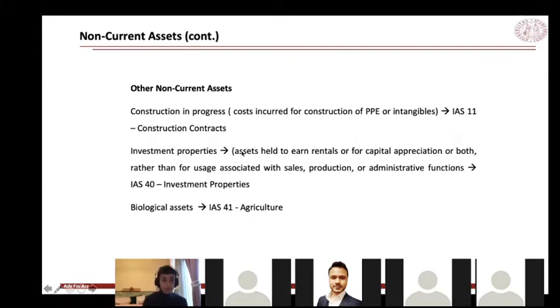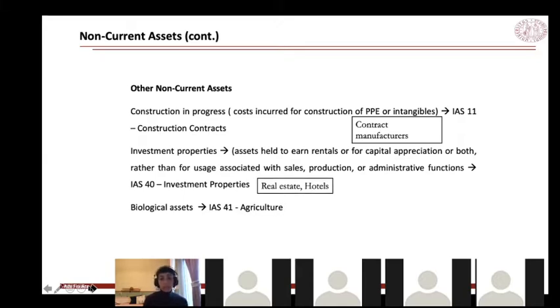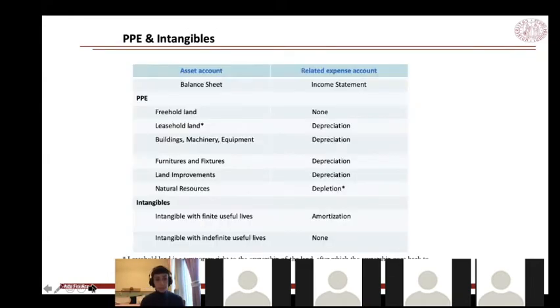We can have investment properties, we can have biological assets, and so on. I will not go into further detail here. I just present you with the overview. So if you come across a specific item, then you have the reference to the accounting standards to have a look in more detail.